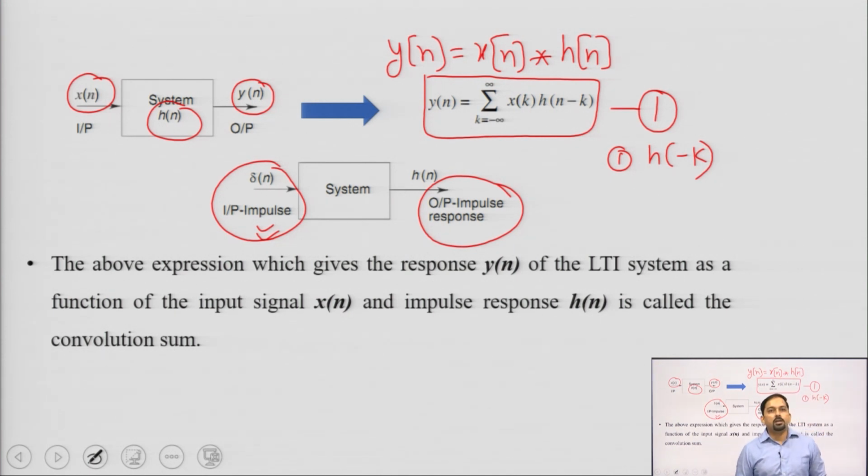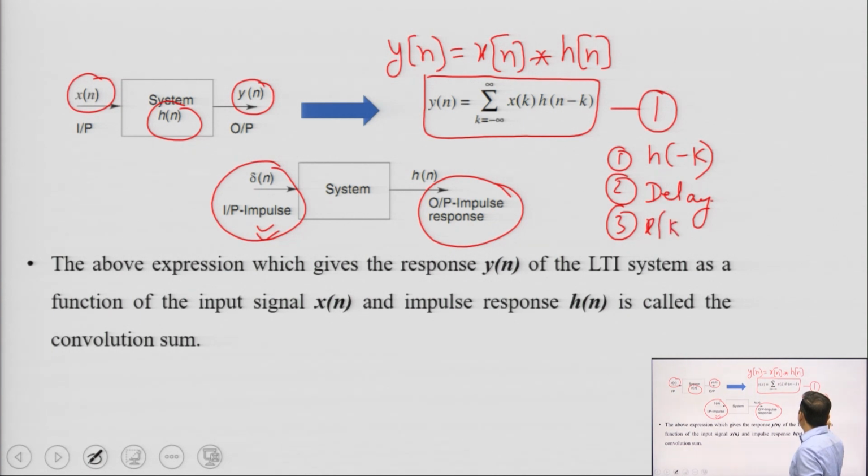Instead of n we are putting minus k. Next we are performing the delay, and we multiply by x[k].